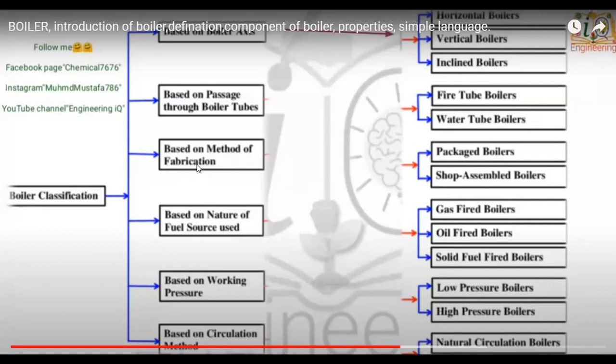Based on the method of fabrication, that is, how the boiler has been fabricated: packaged boiler and shop assembled boiler. What is the meaning of packaged boiler and shop assembled boiler?